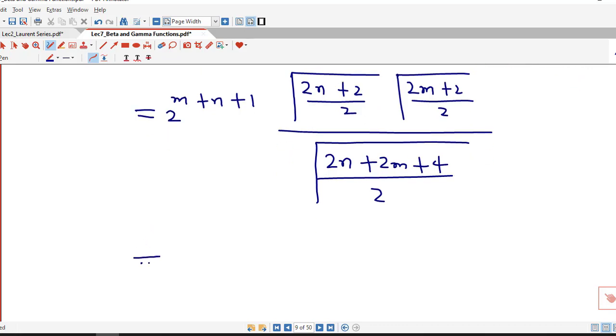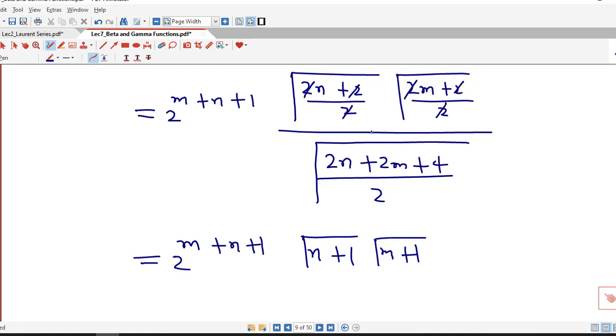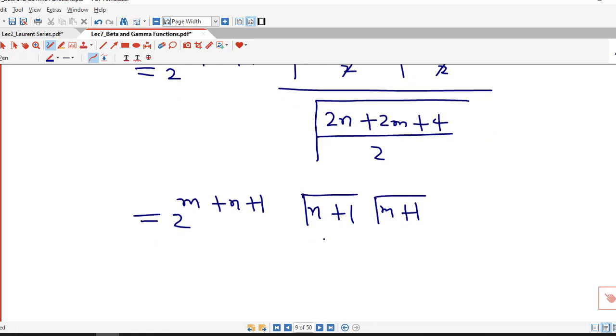So we again simplify this. This is 2 raised to m plus n plus 1. Here 2 will cancel out and we will have gamma n plus 1. This is gamma m plus 1. Here also 2 will cancel out. Same thing here. And here also we can cancel out 2. So we are left with gamma n plus m plus 2.